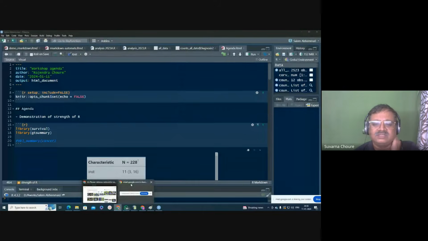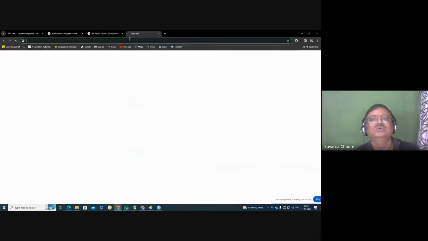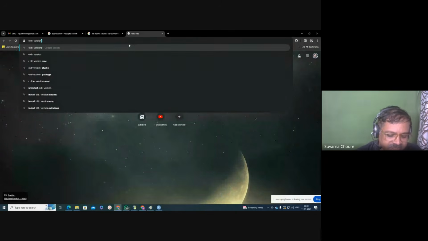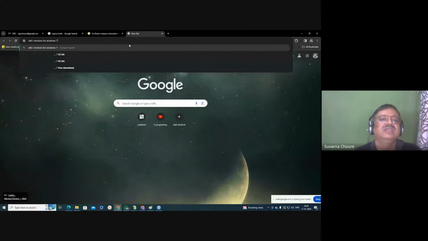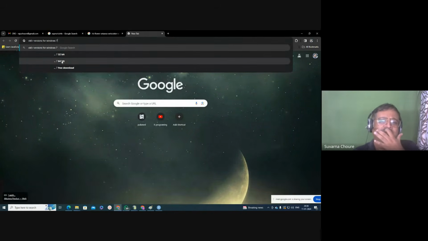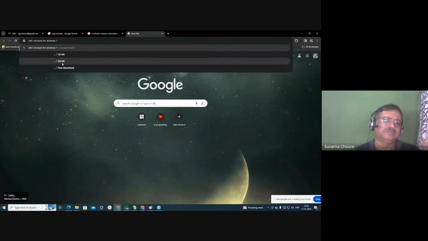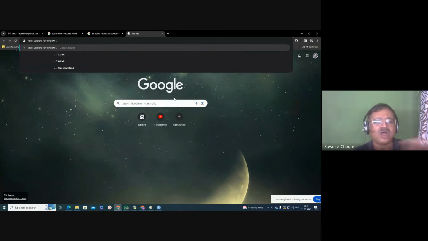One thing I will just show you. Old R versions for Windows 7 are there. 64-bit, 32-bit, you have to find out how many bits your computer is, and download according to that. The new versions are not 32 bit.